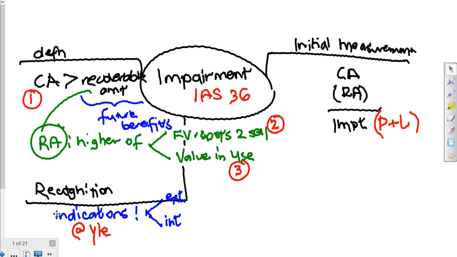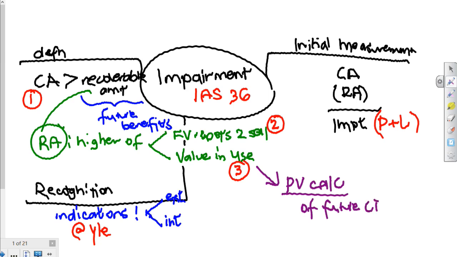Value in use. Value in use is a present value calc. It's the present value of the future cash flows on this asset over the remaining life. So depending how they give you the cash flows, it could be one fixed amount per annum, yeah?